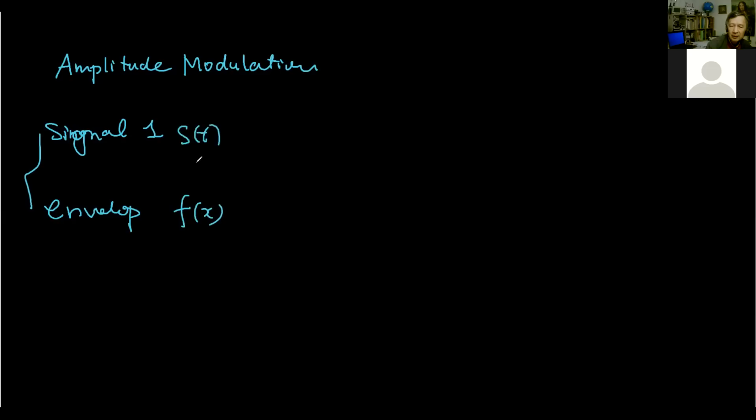You have two signals. You have a signal, and you also have an envelope. Let's call the envelope f(t), and the signal s(t).